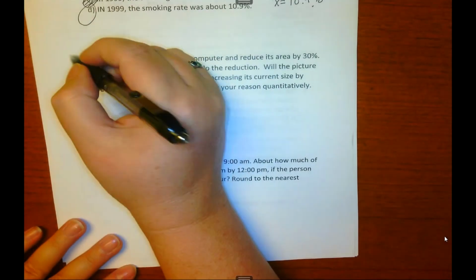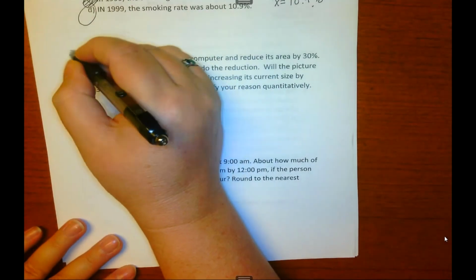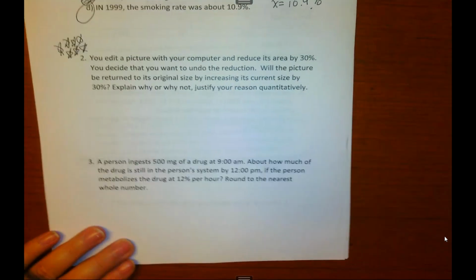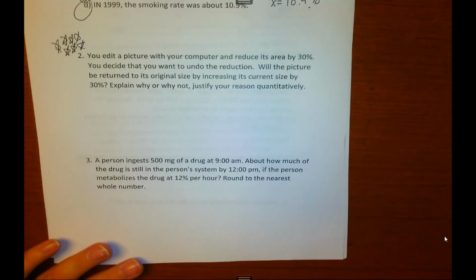I give you this one a lot because I don't remember a homework question too much like it. It was on your other review. You edit a picture with your computer and reduce its area by 30%. You decide that you want to undo the reduction. Will the picture be returned to its original size by increasing its current size by 30%?